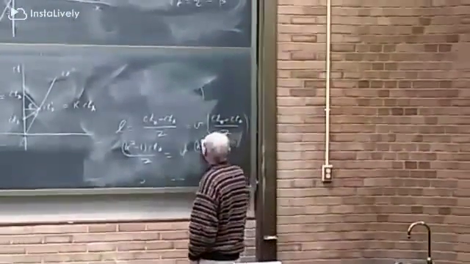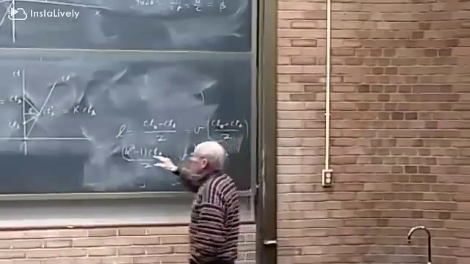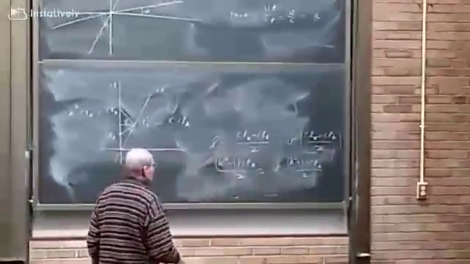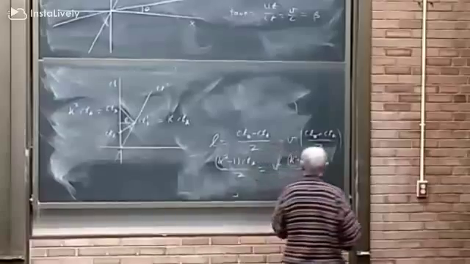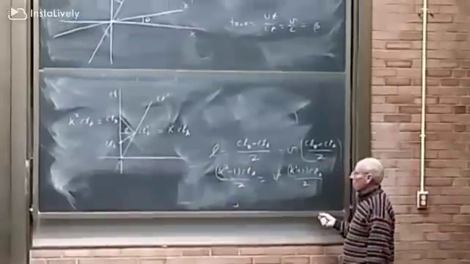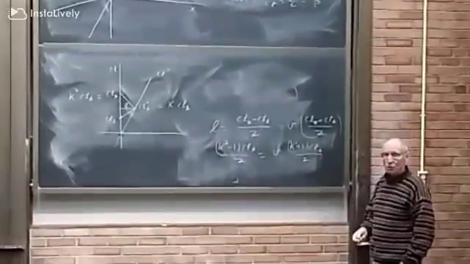No, kappa squared. CTB is kappa squared times CTA. Okay with everybody?